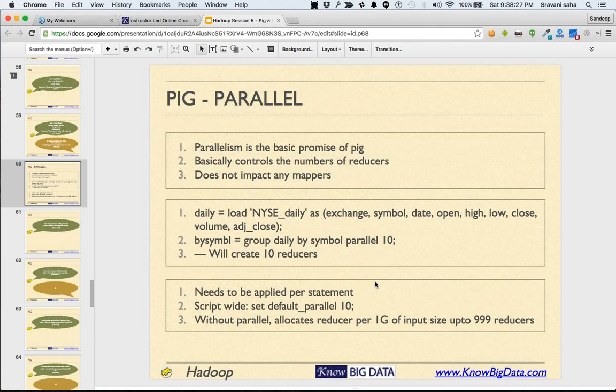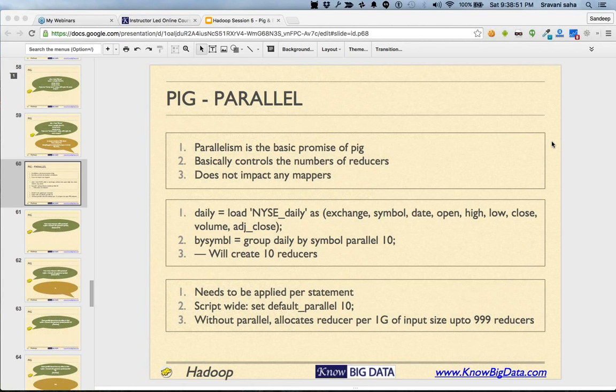So you can either apply the PARALLEL keyword per statement, or you could apply it to the whole script by saying SET default_parallel 10. Then you don't have to keep on applying PARALLEL 10 every time.